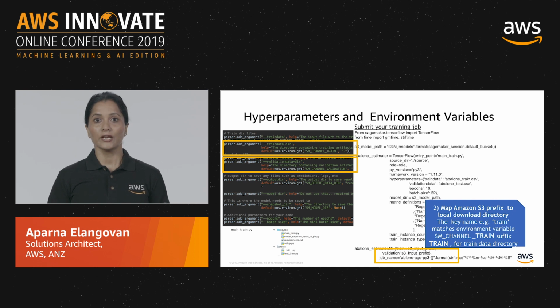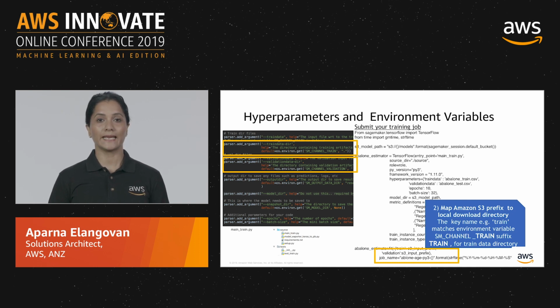Within your code, you reference the data downloaded using the environment variable sm_channel_ plus the key name you used. In this example here, your code would find the training data directory from the environment variable pointed to by sm_channel_train, and the suffix train matches the key name in the submit job.